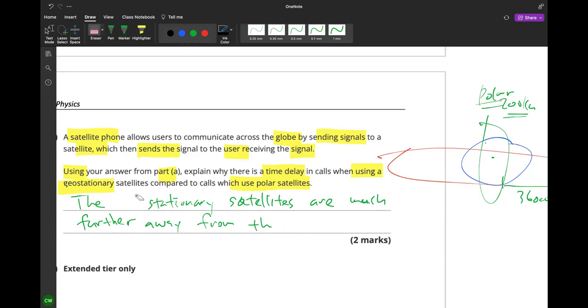Geo means geographical position, stationary means not moving, fixed in one position.